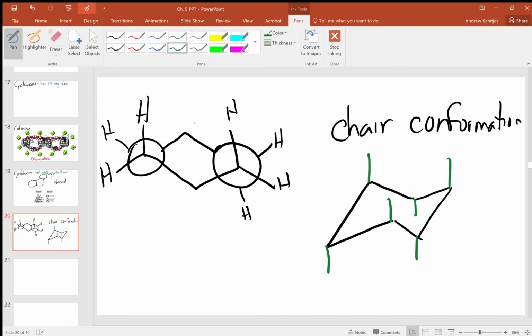And you'll notice that they alternate. As you go around the ring, it's up, down, up, down, up, down. Then if you look at your model, you'll see that we have 6 additional substituents like this.